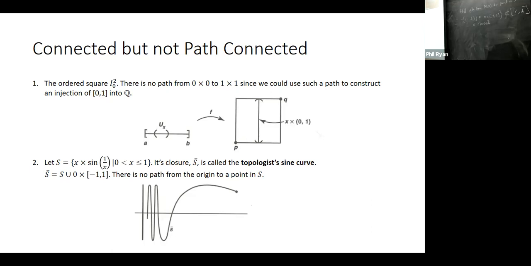Remember, it's our map that's going from [A, B] to here, and so this is in the domain. So it's a closed set in the domain.